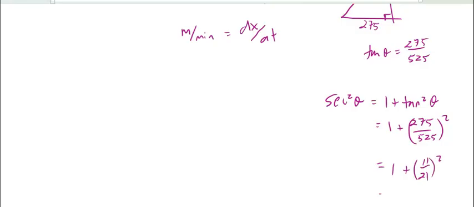If you square both of those, you should get 121 over 441. Then 1 plus 121 over 441. So that's 441 over 441. So you get 562 over 441. And that is secant squared theta.